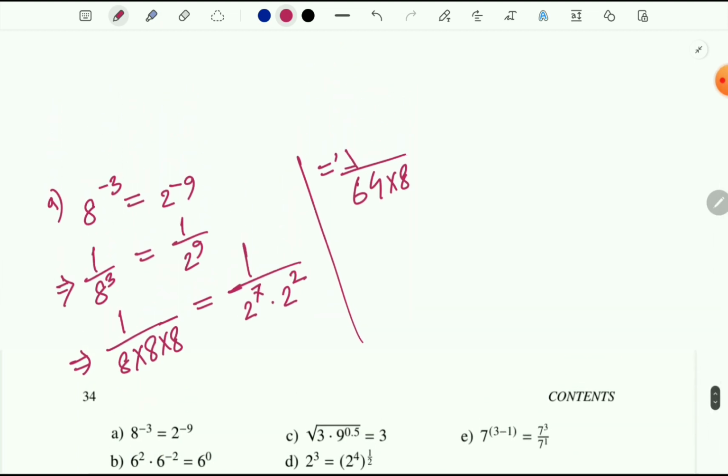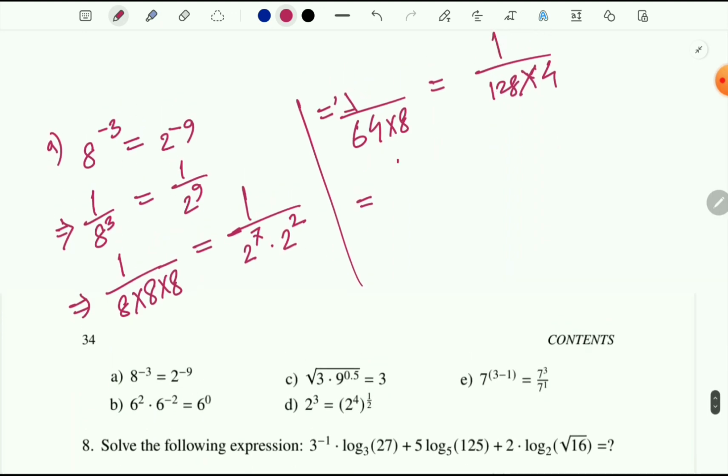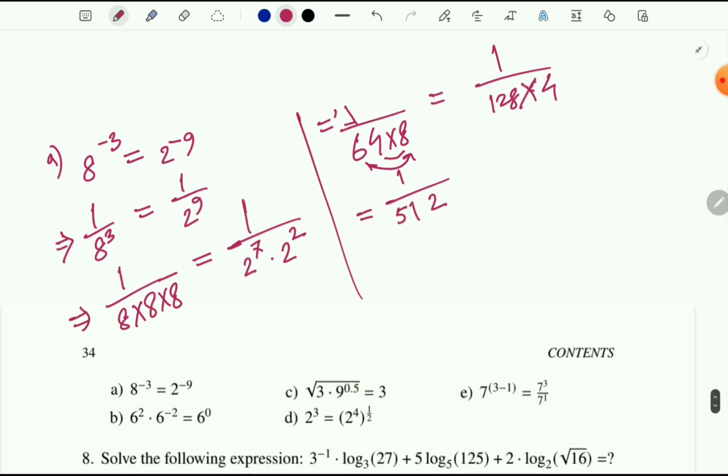So we can further simplify. 64 into 8 gives us 512, and here we get 512. So this is correct.